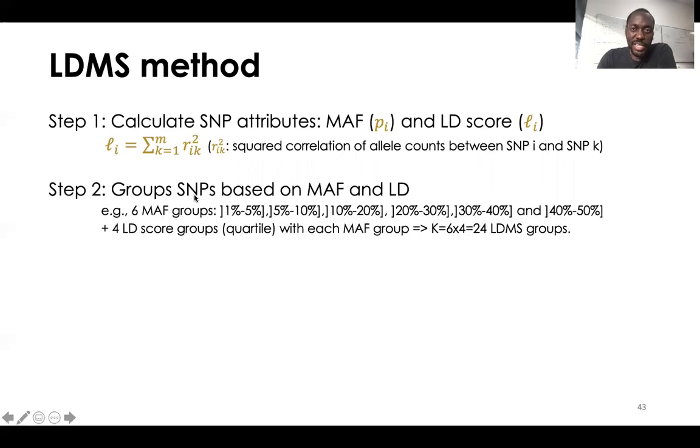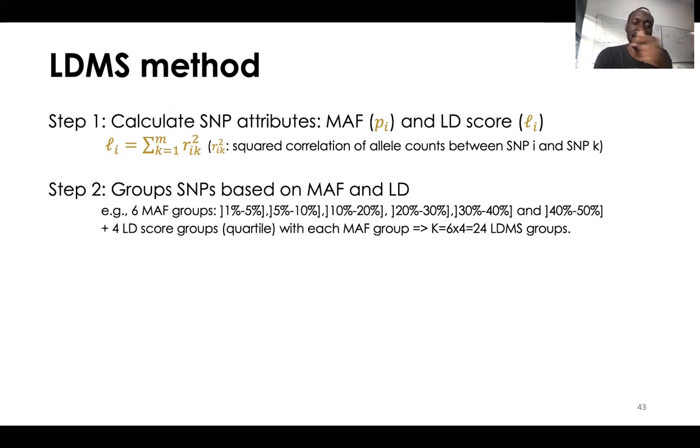So once we have those attributes, MAF and LD scores, we create groups of SNPs that are homogeneous. For example, we can create 6 groups of minor allele frequency: 1 to 5%, 5% to 10%, 10 to 20%, etc. Then within each of those groups, we group SNPs based on similarity in LD scores, for example using quartiles of the LD score distribution within those MAF groups.